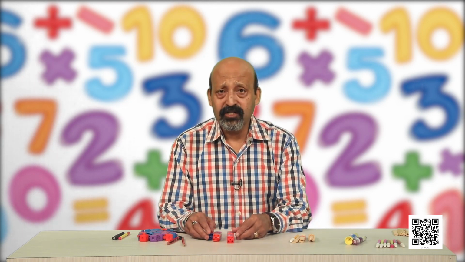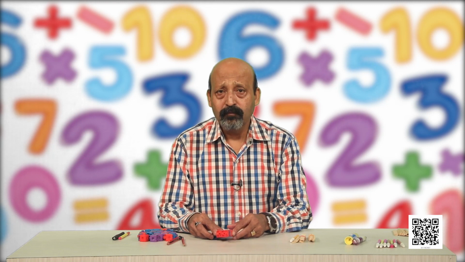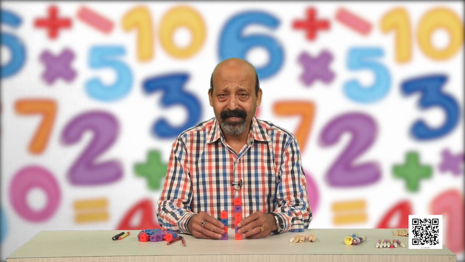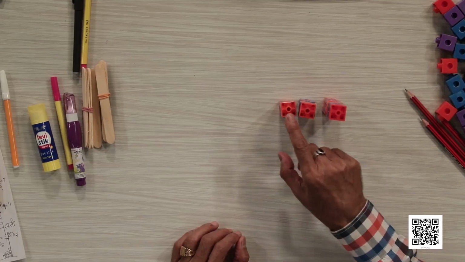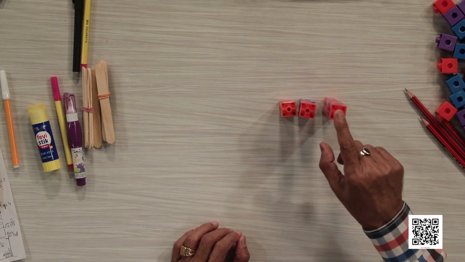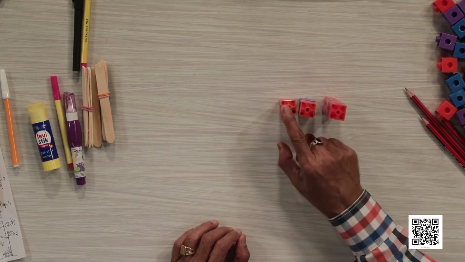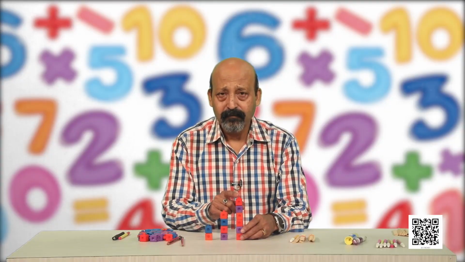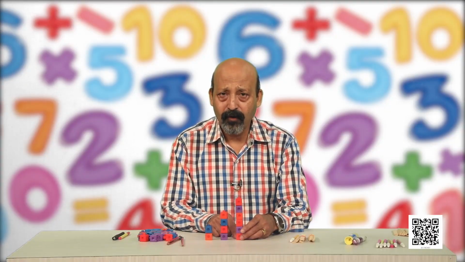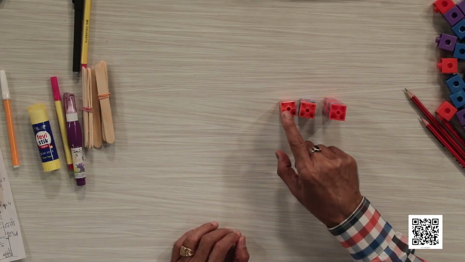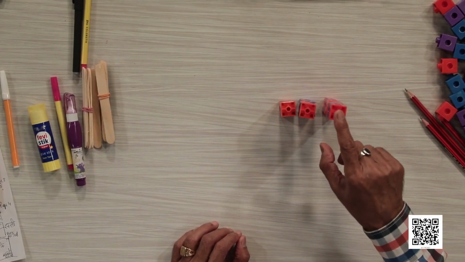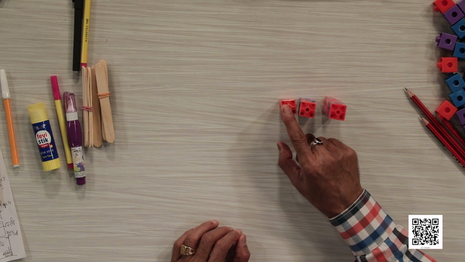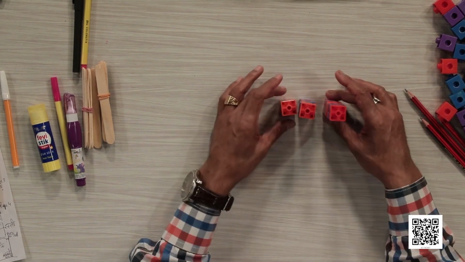Well, we use longer and shorter, but when they are standing like this, we call them taller and shorter. So, now this pillar of blocks is tallest, this is the middle one and this is shortest.